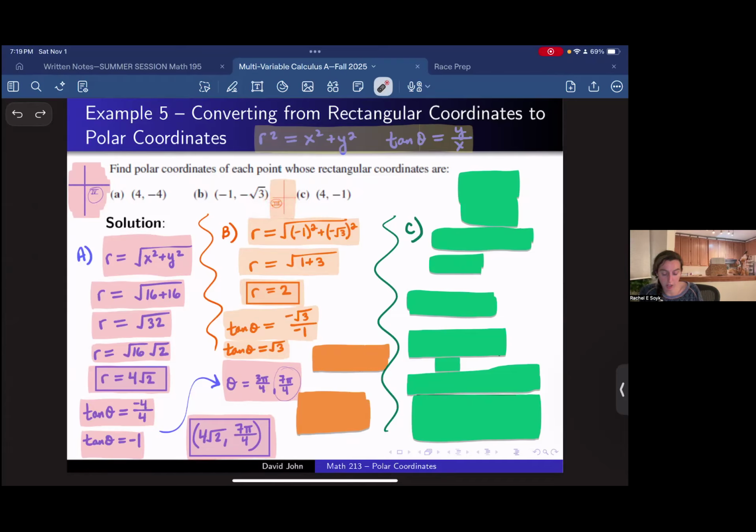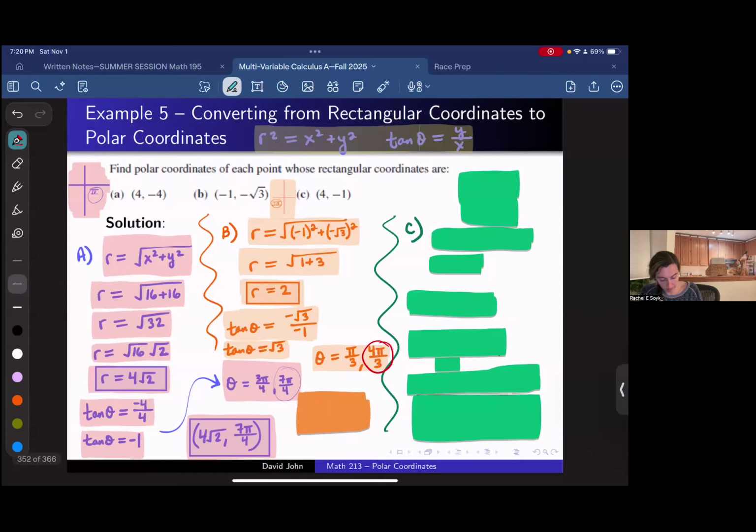That would give us 4 pi over 3, which would be our solution here. I don't think I have it circled. Let me circle it, and I'm going to X out these. So our final coordinate is going to be 2 comma 4 pi over 3.